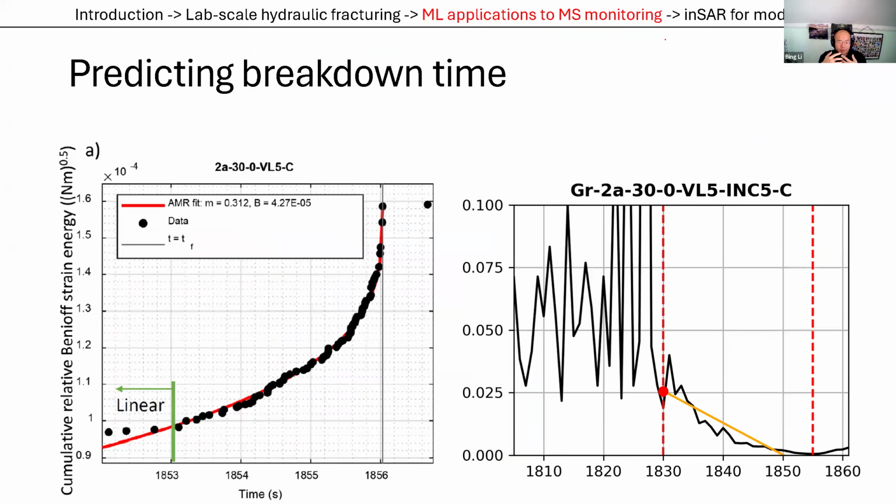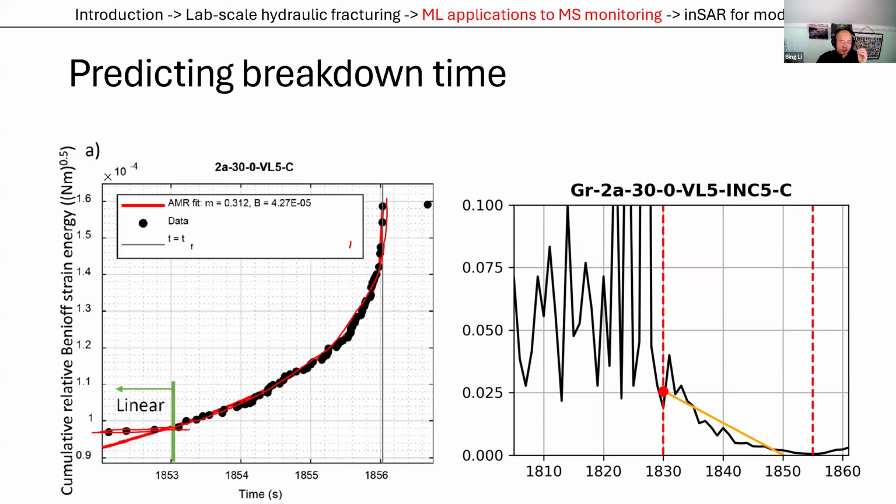So classically, thinking about how to predict failure in these kinds of systems, what the literature shows is that you get an acceleration of the seismic energy rate as the system is approaching failure.